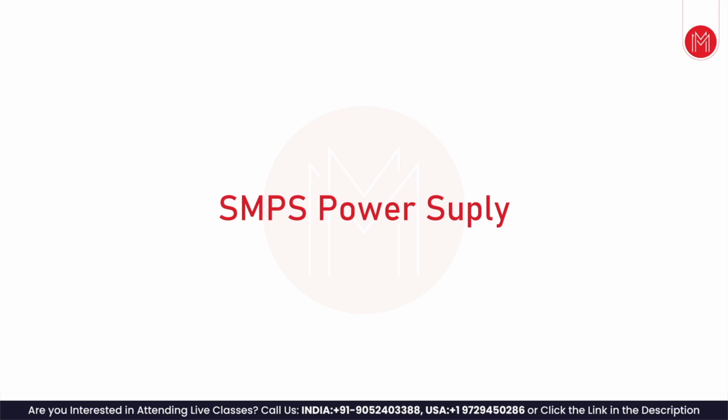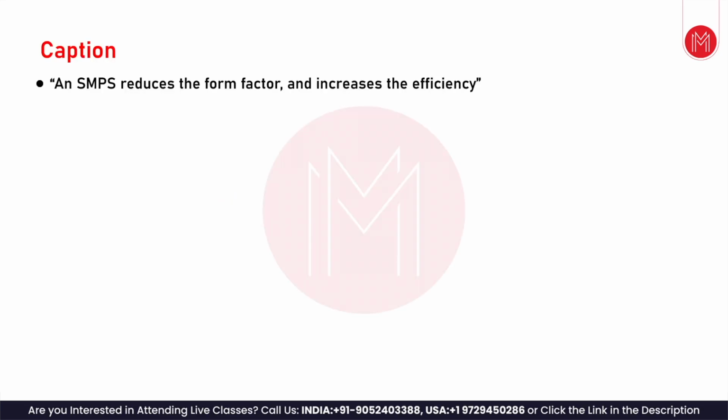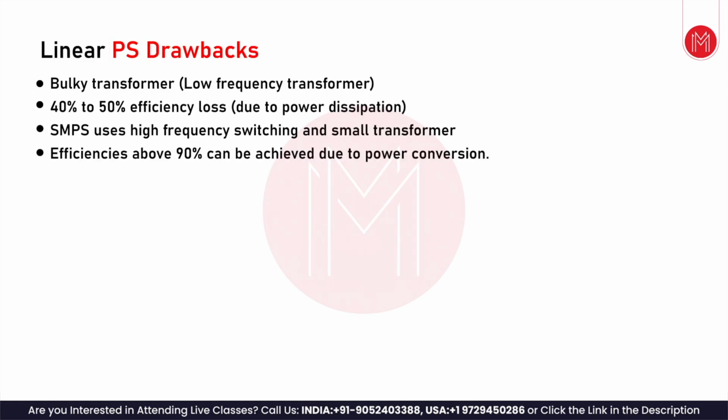Today's topic is basically the second part of the power supply, the SMPS power supply. In SMPS we know that there is an increase in efficiency and reduction in form factor. The drawbacks that we have seen with the linear regulator power supplies is that they are bulky. The transformer is bulky because of the low frequency.